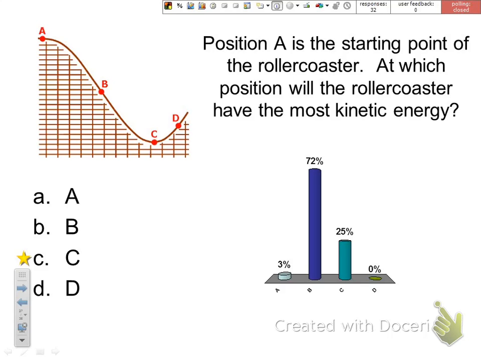At point C, this is where the roller coaster is going the fastest. Okay? And we're going to explore roller coasters a little bit more tomorrow. Right before it starts to slow down, and it will start to slow down once it gets to D. But we got to talk about where it's going the absolute fastest. And it would be going the fastest at C.